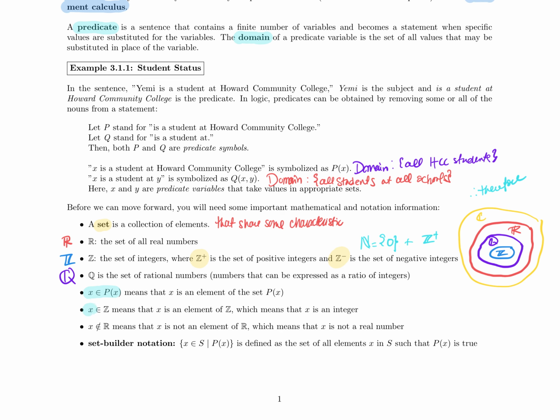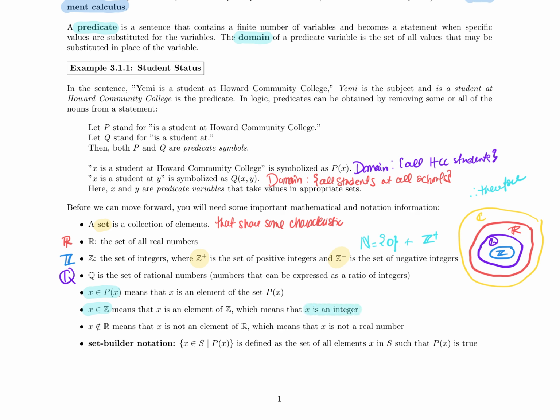So if I were to say x is in Z, that means x is an element of the set of integers. Or in simpler terms, x is an integer. It is contained in the set of all integers, which means it itself has to be an integer.